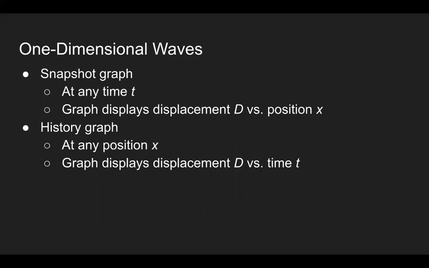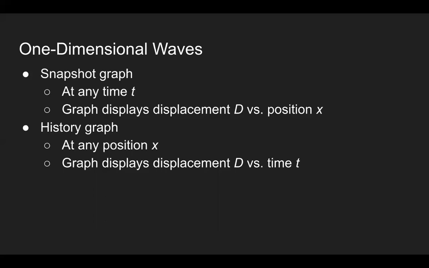When we want to visualize how waves travel, we can do so with two particular graphs. The snapshot graph looks at particular instances of time and shows the displacement versus position. Think about the slinky example for transverse waves. If I take a picture at every half second of the wave, I basically have a collection of snapshot graphs.